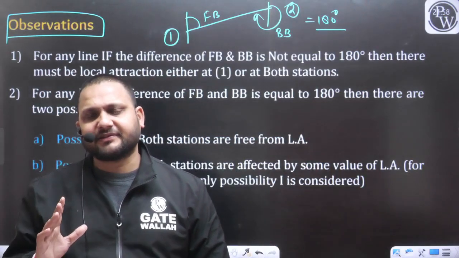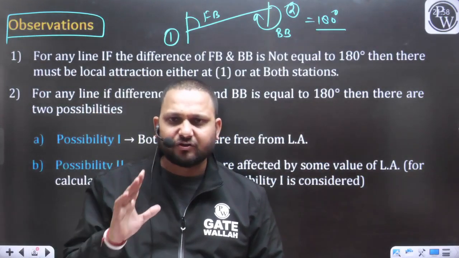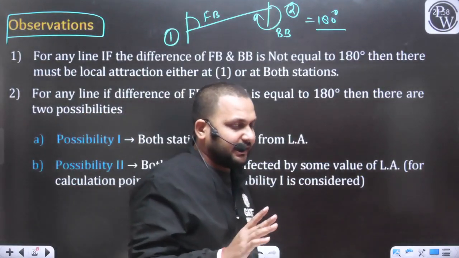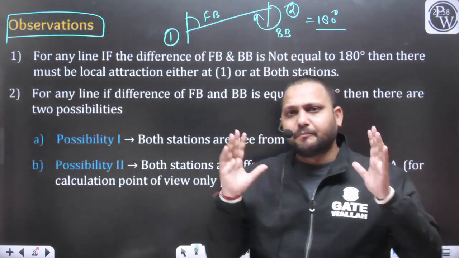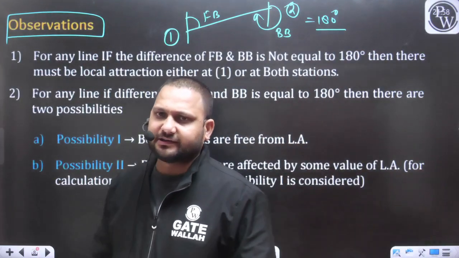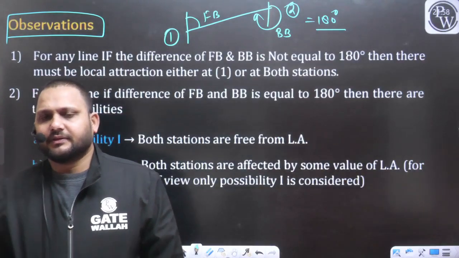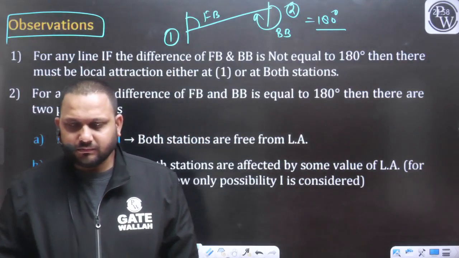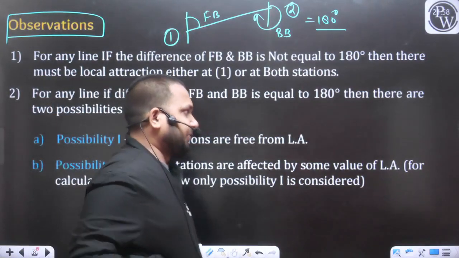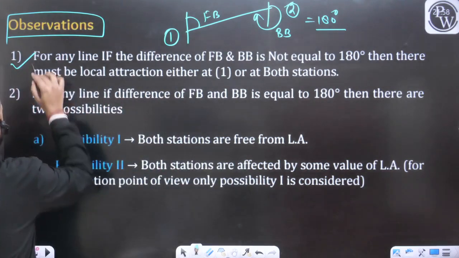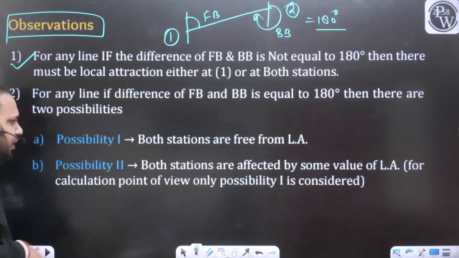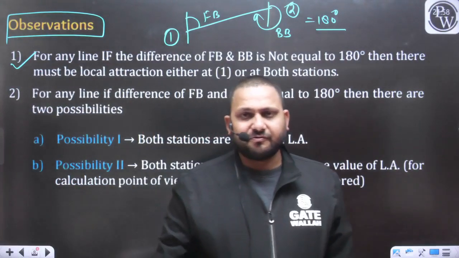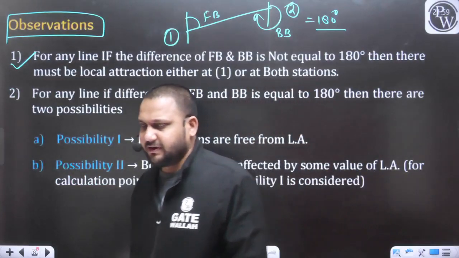But we can simply say if we are not getting the difference of the fore bearing and back bearing of any line as 180 degree, there must be error in our survey work due to the local attraction. The first observation is clear to everyone, yes or no?